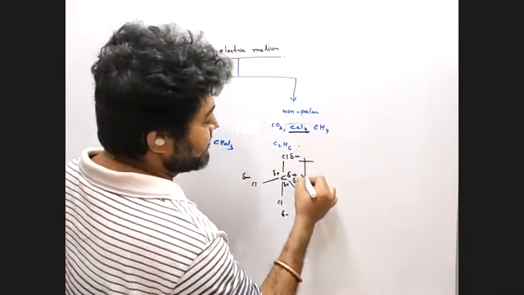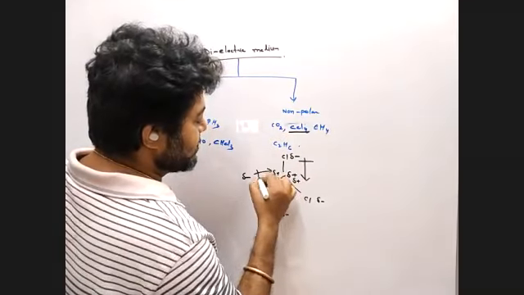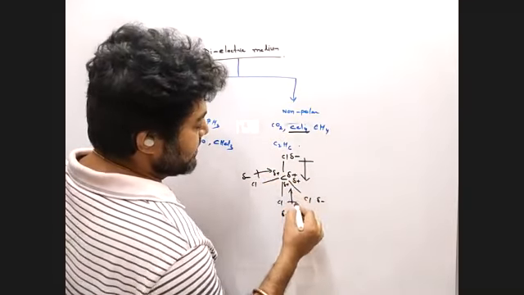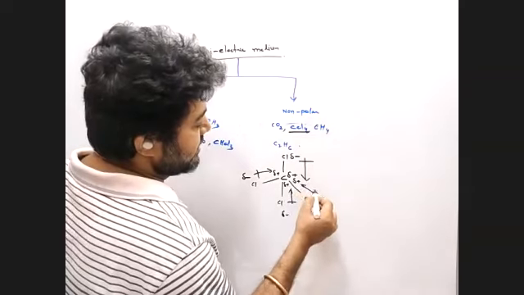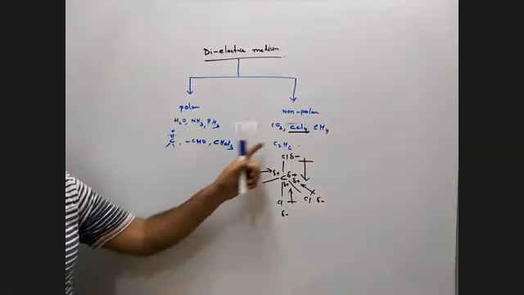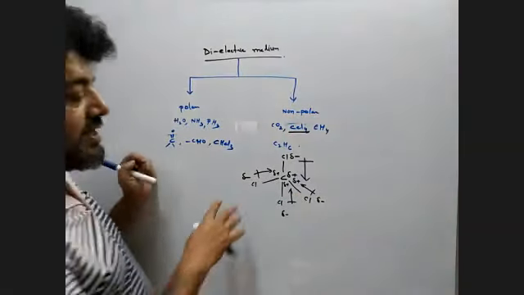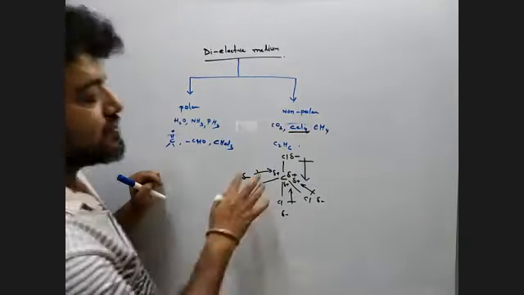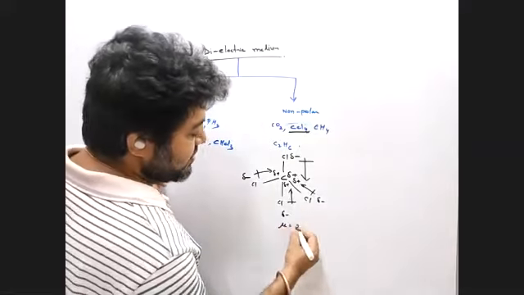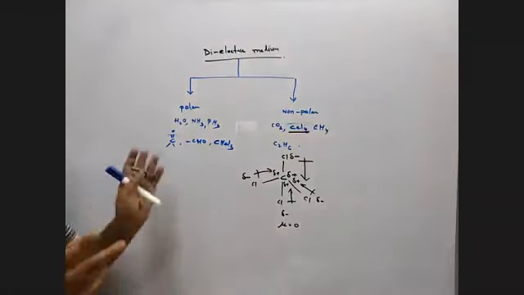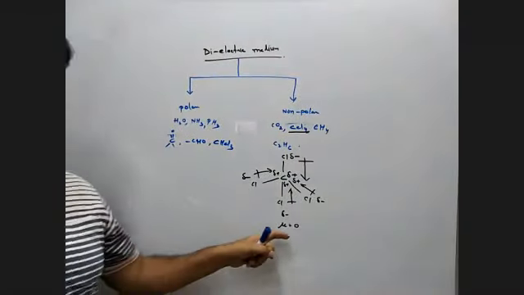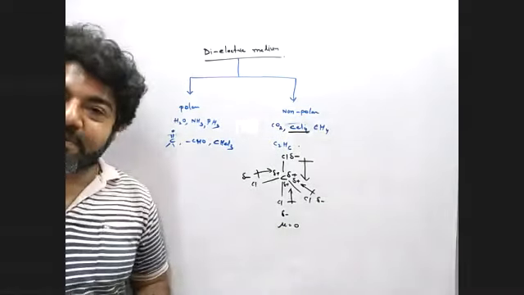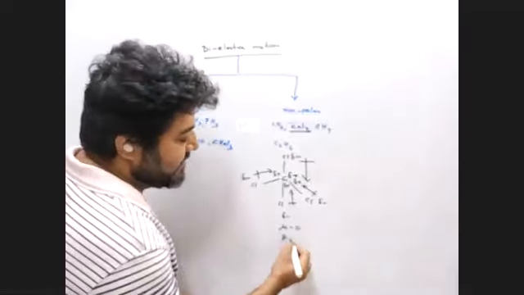The direction of dipole is negative to positive in each bond. So if we want to calculate the overall, as dipole is a vector quantity, net dipole moment is 0. In chemistry we use this as mu. You can use it as p also. So dipole moment is 0.